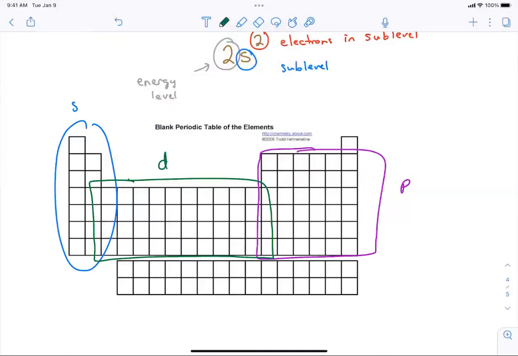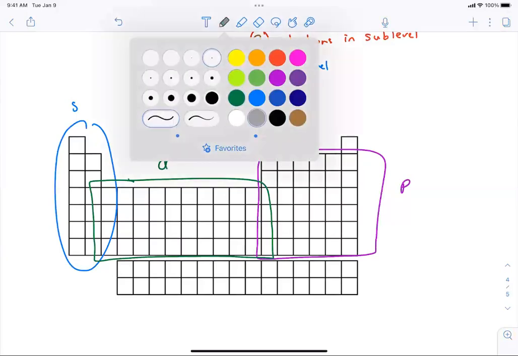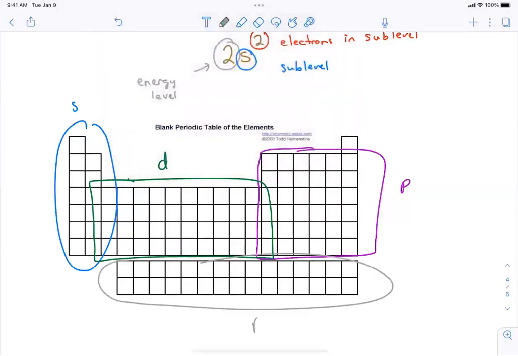Yes, Marina. Oh, false alarm. And then F is also down here, and it's 14 wide. So if you run into the situation like, oh my gosh, how many electrons can be held in P? Well, P is on the right of the periodic table. That's 6 boxes wide. That's how many electrons can be held.